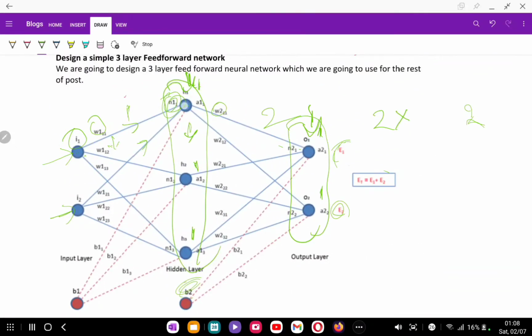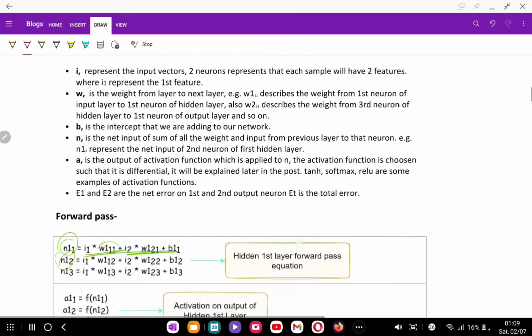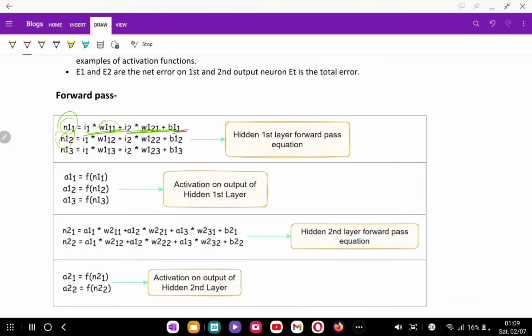Let me erase everything so it is clearer. This one contains I1 multiplied by this weight, plus I2 multiplied by W121, plus this weight, and this is the exact same equation.